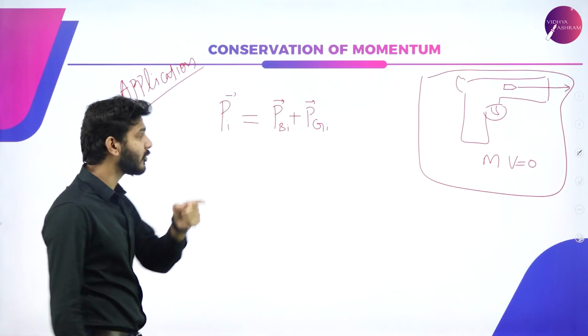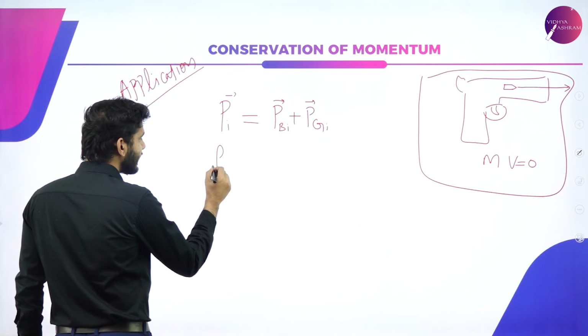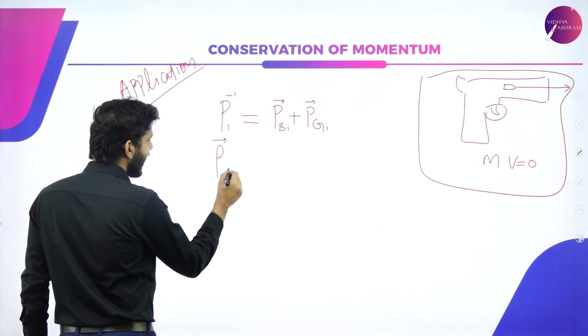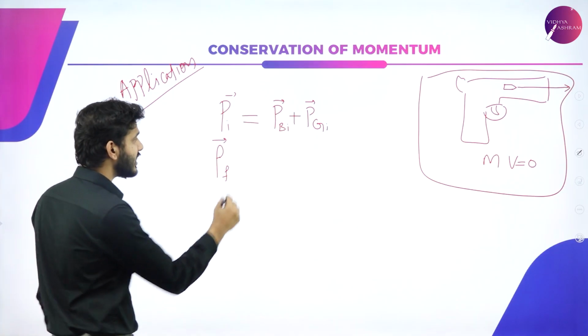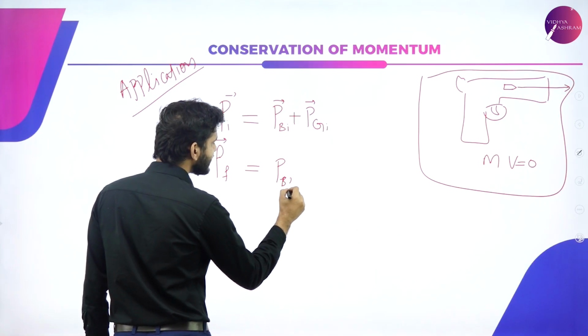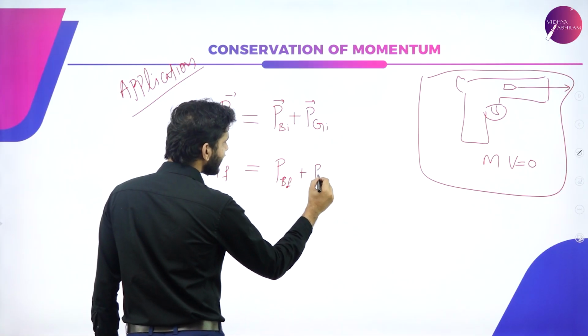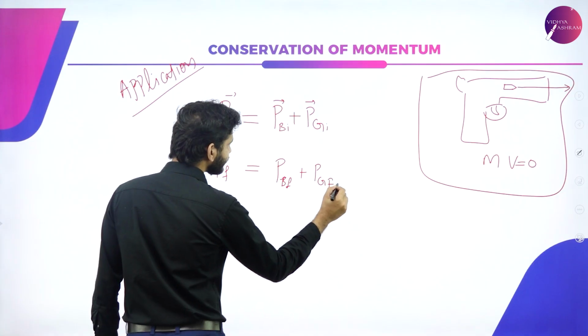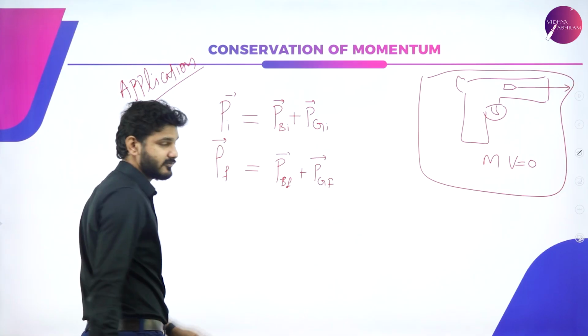Now what about the final momentum? So final momentum, that is Pf. Pf will be equal to the final momentum of the bullet plus the final momentum of the gun, Bf and Gf.